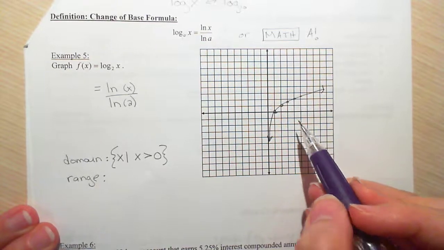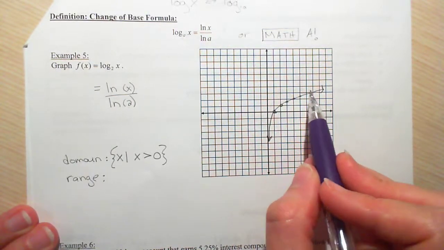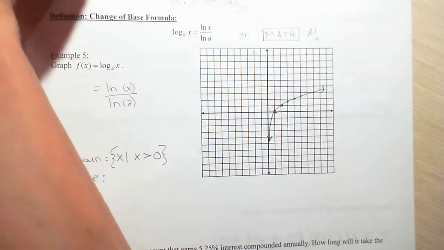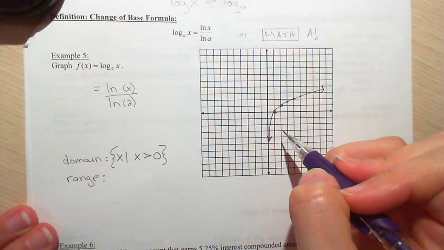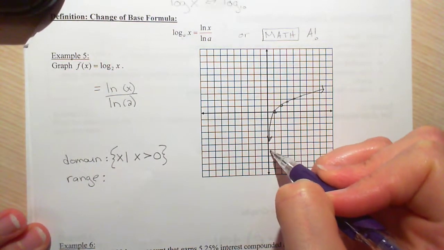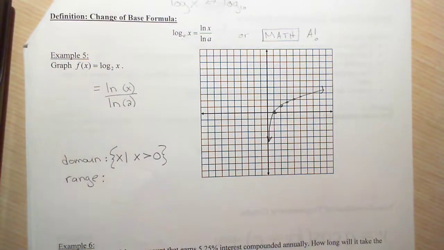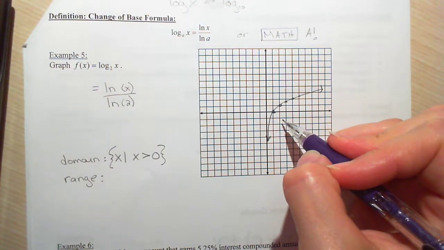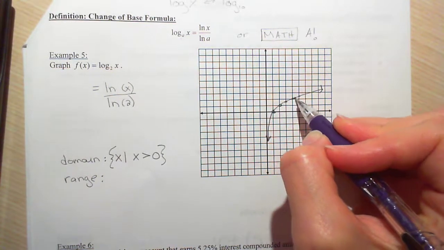And our range, if you think about y values, well, we have all these positive y values, and we have all these negative y values also. So it goes to the right, and then it keeps going up.